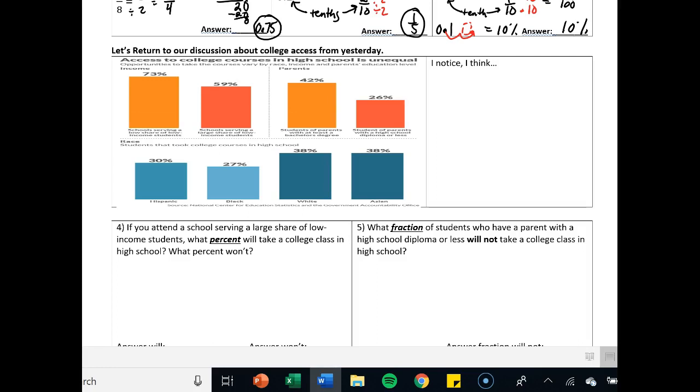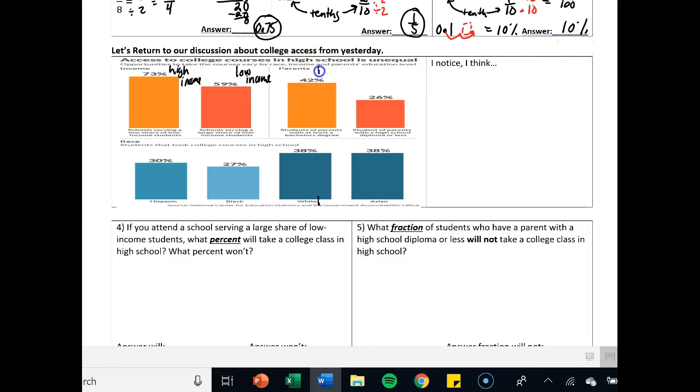So if you take a look at this, we've got really 3 different graphs here. This first one says basically schools that serve high income or a low proportion of low income students, 73% of students are able to take AP classes. And in low income schools, only 59% are able to take AP classes. Write something you notice or think about that.